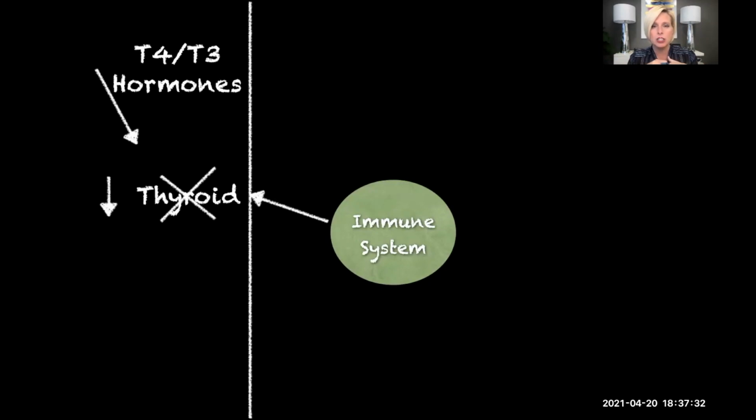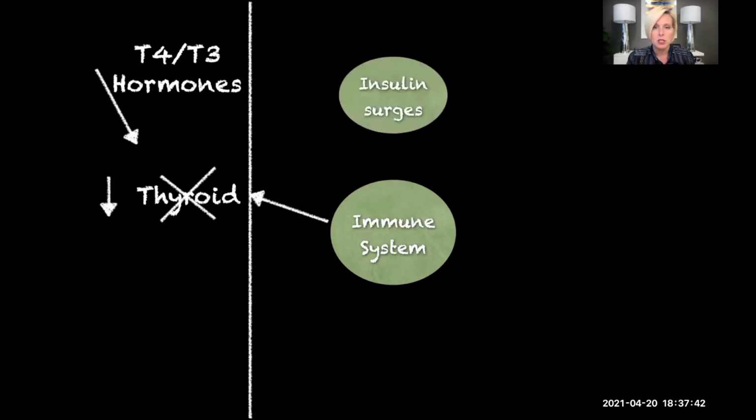Now, the question is, well, why is the immune system attacking the thyroid? What are the triggers that are making the immune system attack the thyroid? So we know that one of the major triggers is insulin surges. When we eat bread, pasta, rice, potatoes, grains, cookies, candies, soda, cakes, and also when we don't eat, then we actually cause insulin surges.